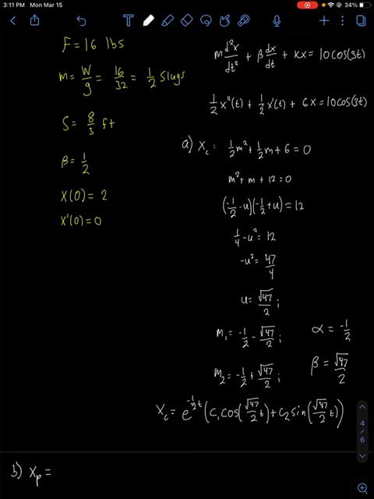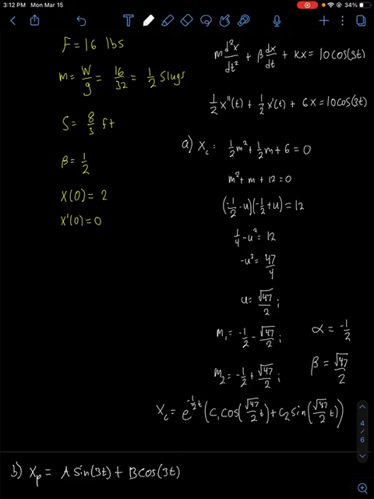I'm going to use undetermined coefficients because I don't want to have to find the Wronskian of anything, and I don't want to have to integrate anything until I have to. So I'm going to find x sub p is equal to a sine of 3t plus b cosine of 3t.